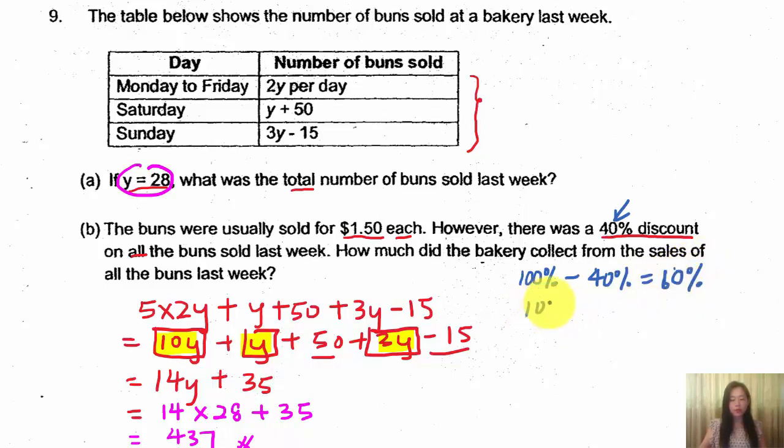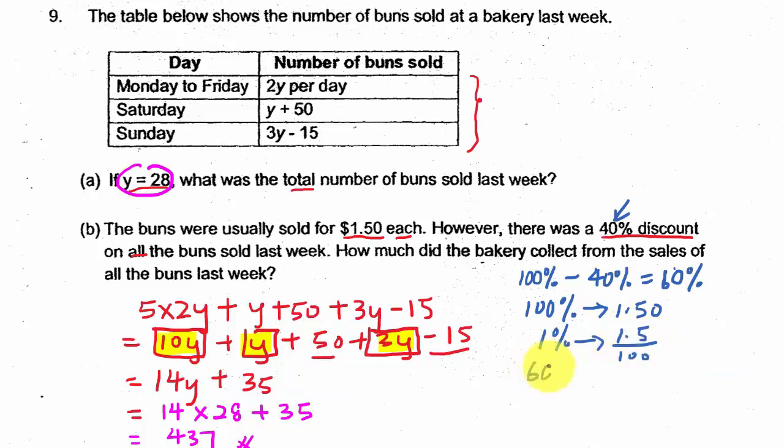So if 100% is equivalent to $1.50, then 1% will be equivalent to 1.5 divided by 100, and therefore 60%, which is the new selling price, will be 1.5 divided by 100 times 60.